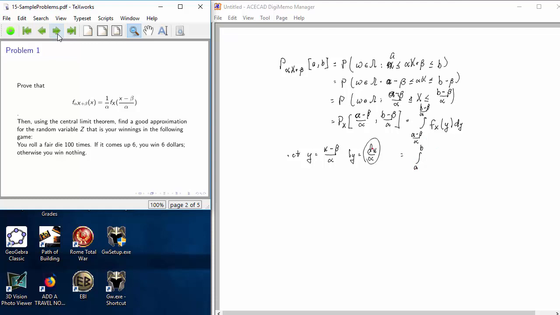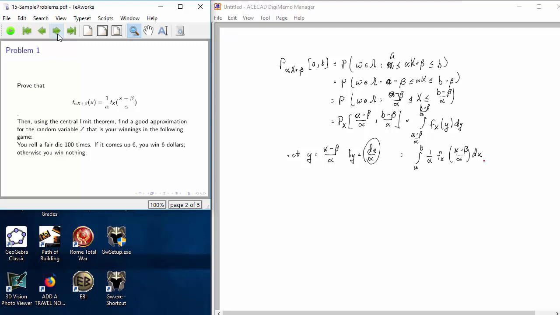We've got this 1 over alpha here, and we have f sub x of y, which turned into x minus beta over alpha, dx. So that proves the result.